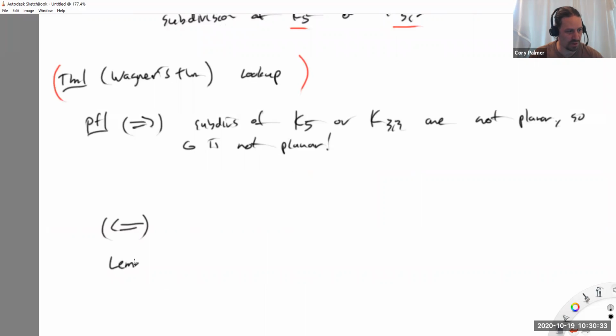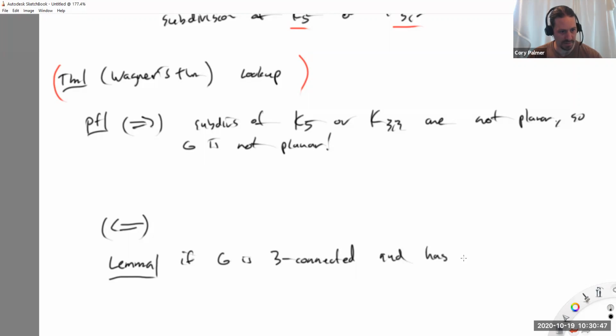And like I said, we'll only prove the following lemma: if G is 3-connected and has no subgraph that is a K5 or K33 subdivision, then G is planar.